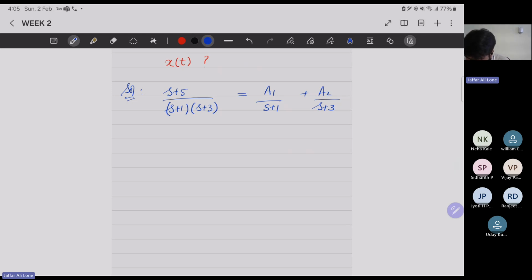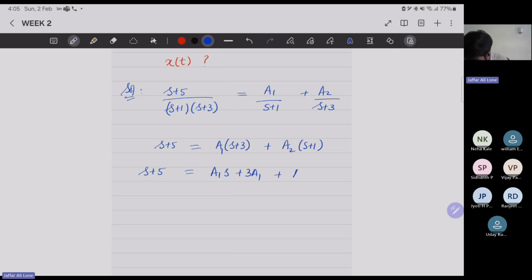Simplifying it, taking the LCM, we get s + 5 equal to a1 into (s + 3) plus a2 into (s + 1). Rewriting, this is (a1 + a2)s + (3a1 + a2).